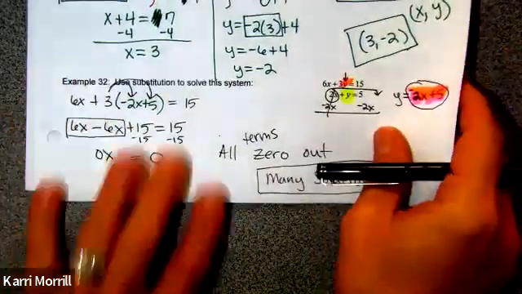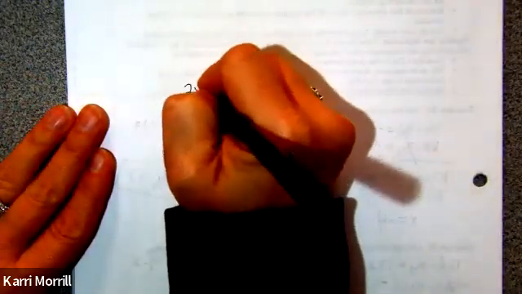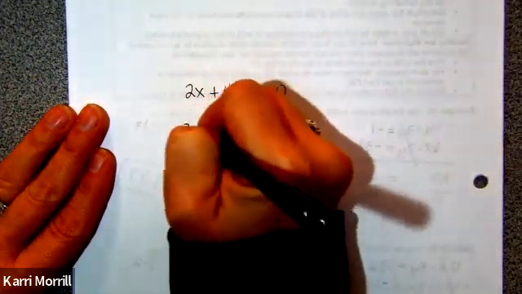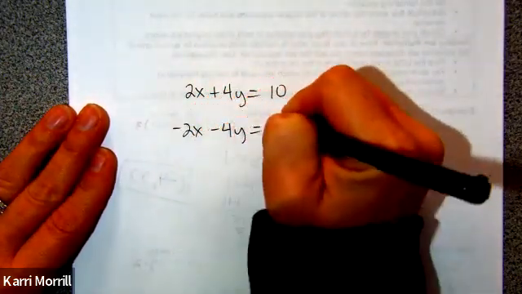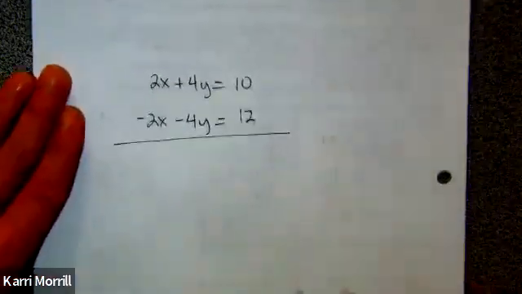We can algebraically see that things are parallel lines, and it would look kind of like this when you're solving. Let's say you're doing the elimination method. It would look like this. You see how the letters zero out?